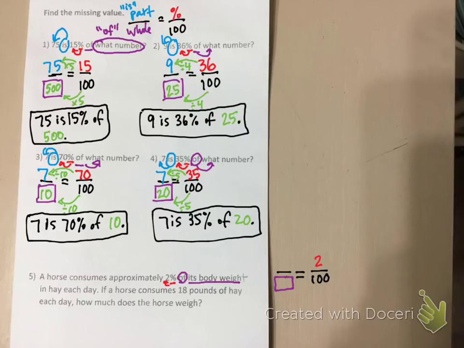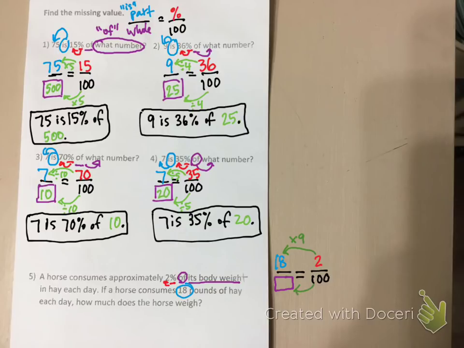That represents the 100%. Now, the portion, 2%, refers to how much of its body weight it eats in hay. So the is number, or the part number, the only leftover number, is the 18. Now I have to figure out how to go from 2 to 18, and I'm going to multiply by 9.